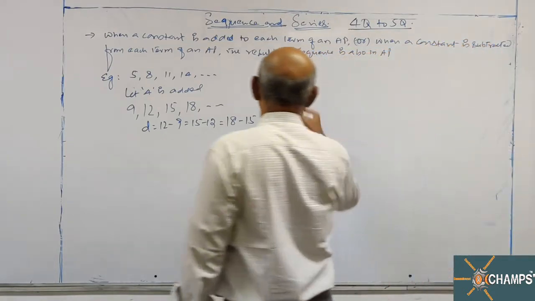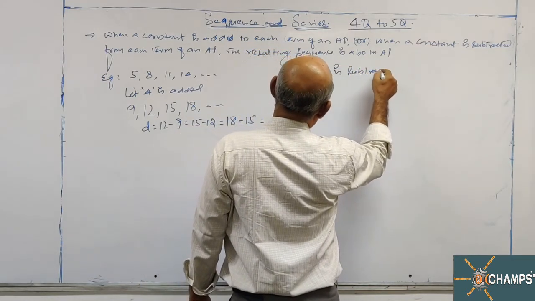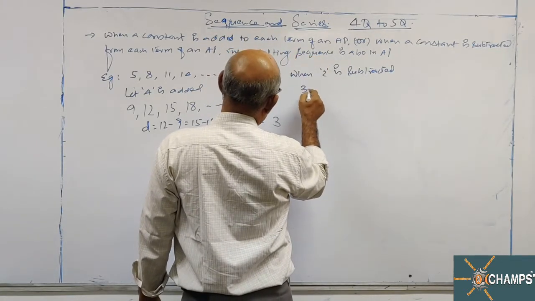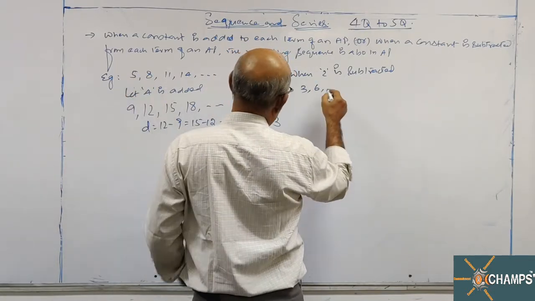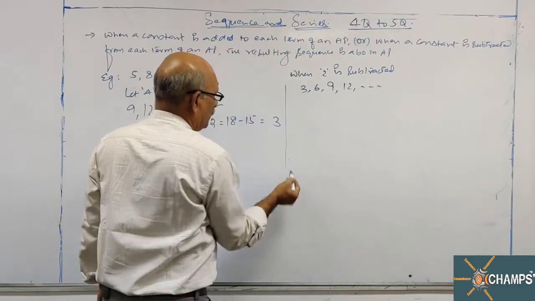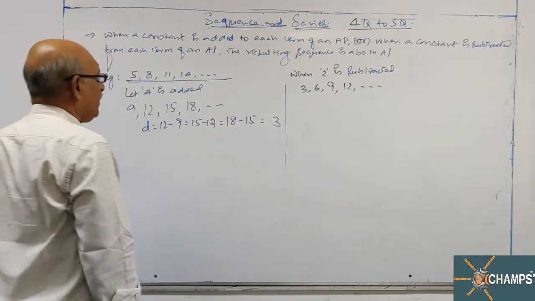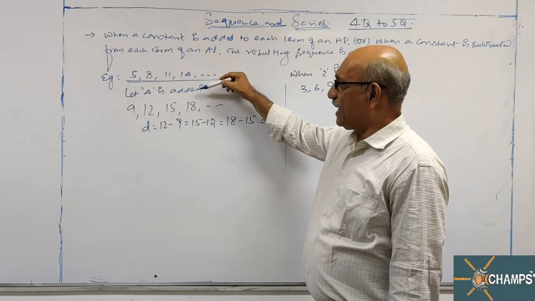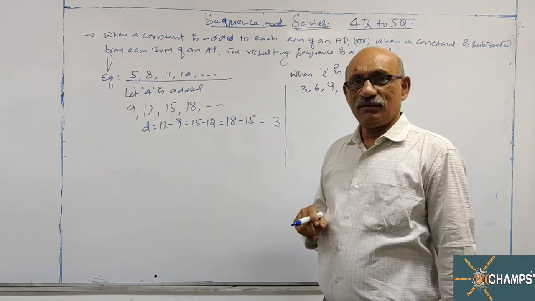Similarly, you can subtract. When 2 is subtracted, 5 minus 2, 3. 8 minus 2, 6. 11 minus 2, 9. 14 minus 2, 12, etc. This new sequence is obtained. Original sequence is 5, 8, 11, 14, etc. When a constant 4 is added, this sequence is obtained.